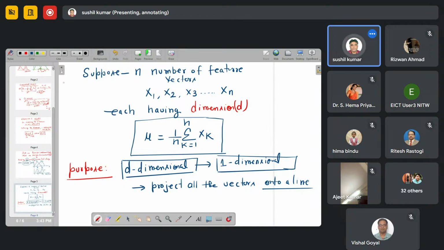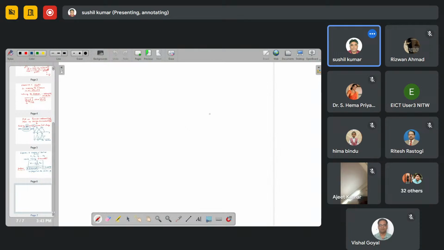So suppose we have the vectors here. This is one vector, this is the second vector, this is the third vector. So many vectors may be there.